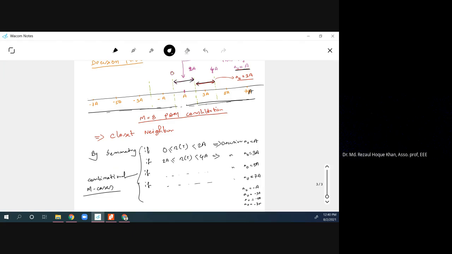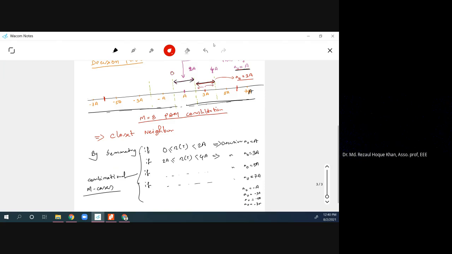Now, okay, I made a mistake. Actually, this is not a mistake. You see, up to this point, every constellation point will have two neighbors. Either you are at 3A, so it goes this way or that way.